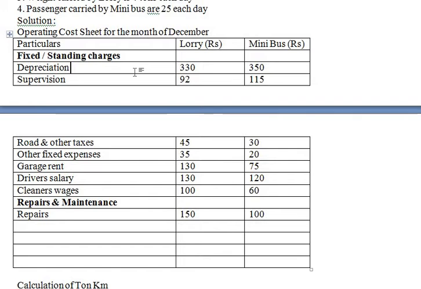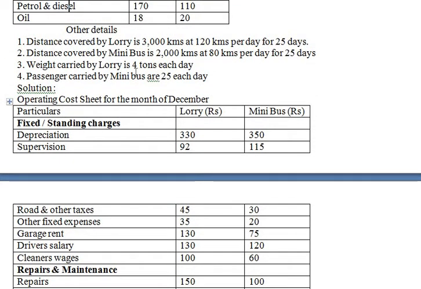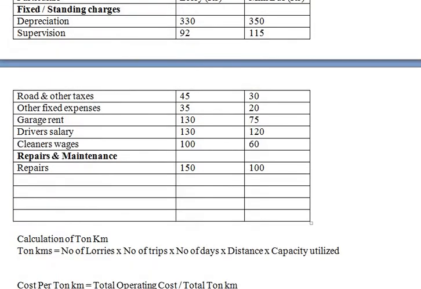Repairs is done. Now just check if anything related to repairs and maintenance is given. No, there is only one point related to that. Now next comes running or operating charges.